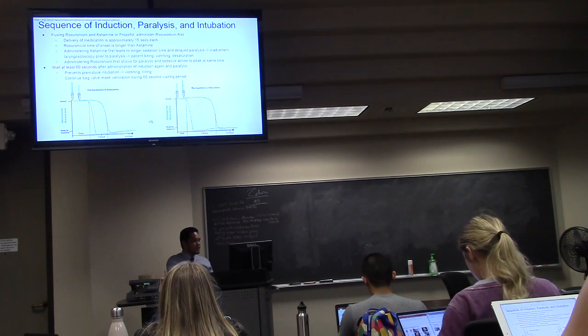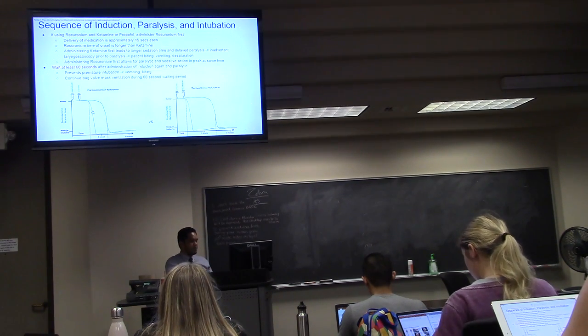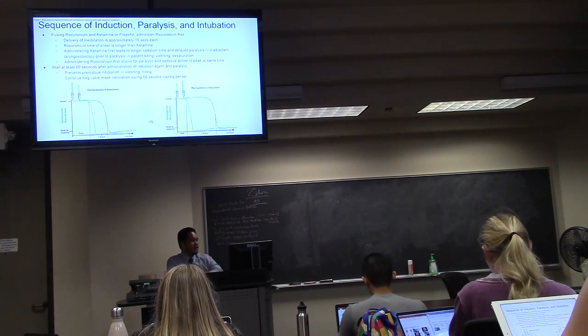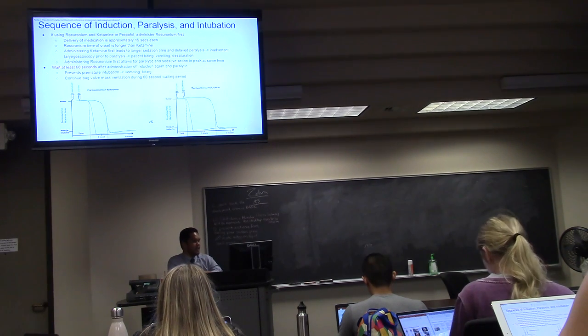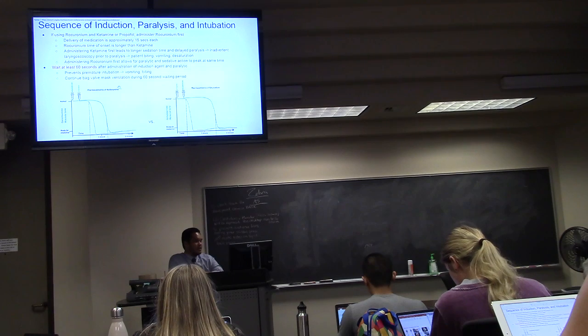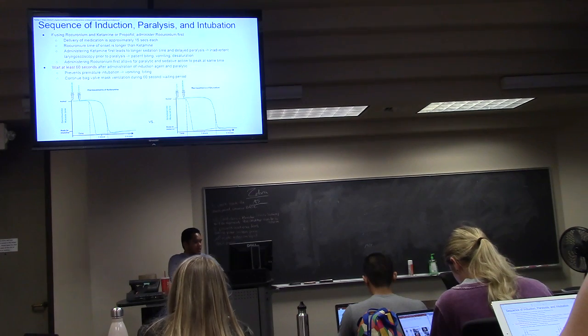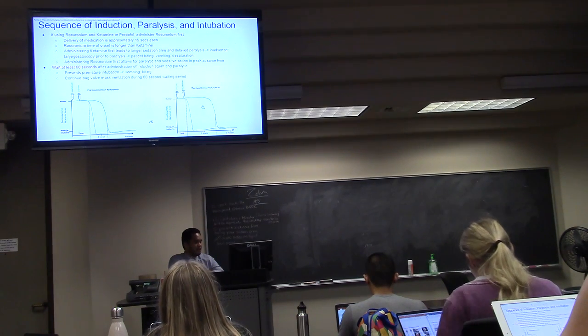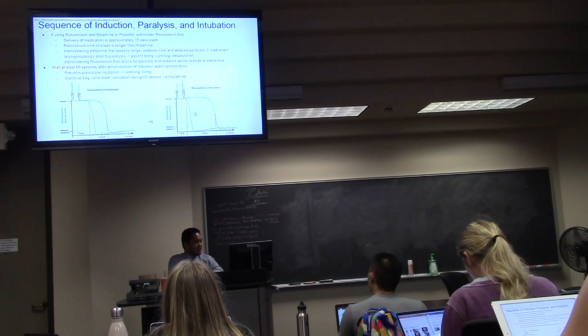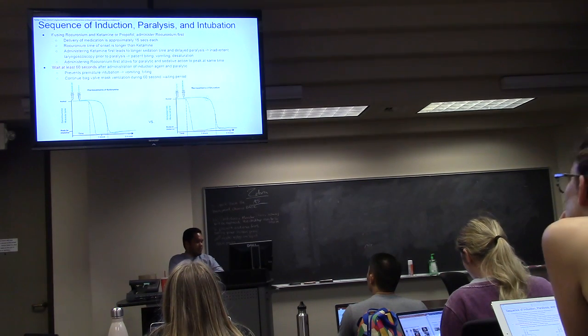But if you're using ketamine and rocuronium, which is the most common induction paralytics that we use now, the onset of effect of the rocuronium is so long that if you just go ahead and give it, the ketamine works a little bit faster.